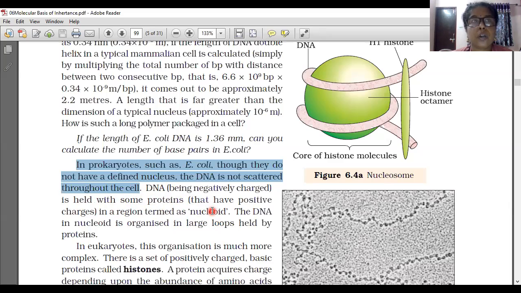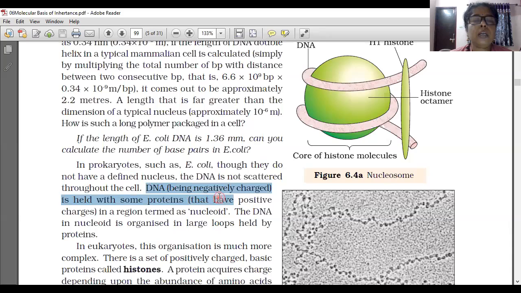That region is called the nucleoid. So what is the charge of DNA? Negatively charged. It is associated with some proteins having positive charges in a region termed the nucleoid. The DNA in the nucleoid is organized in large loops held by proteins.